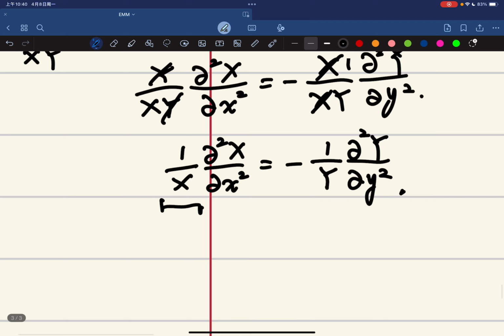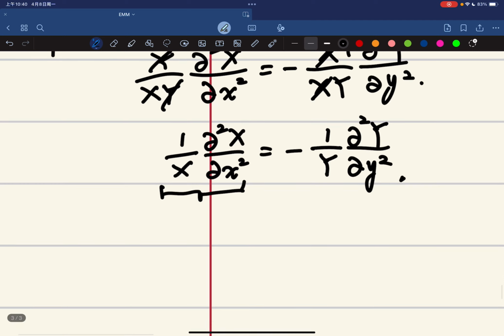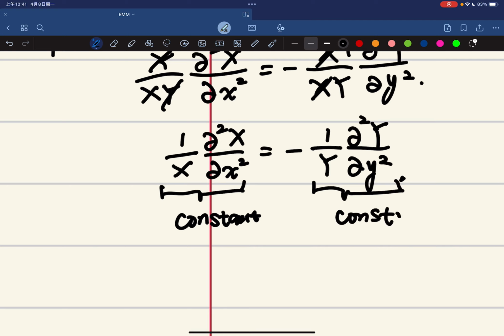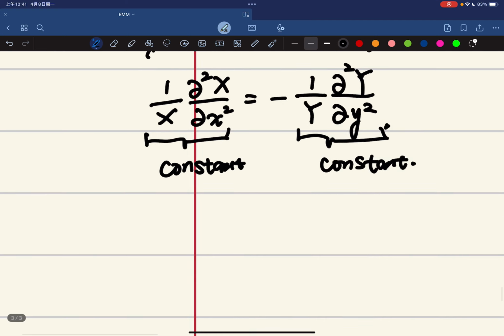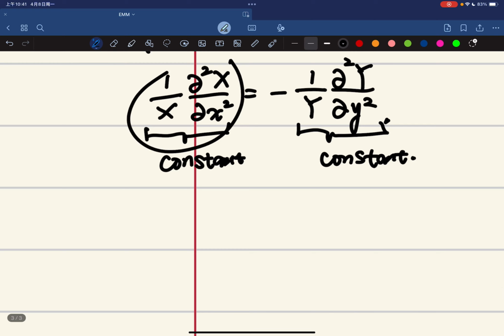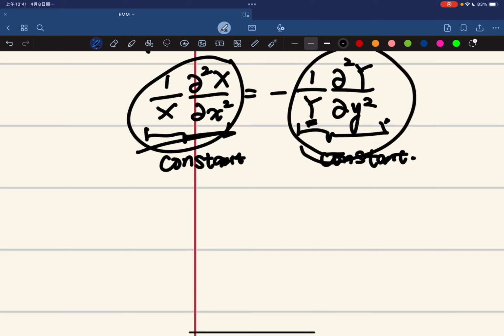So I know that they must equal some constant, because they have different variables. If we are looking at x here, we can treat y as some constant. If we look at y here, we can treat x as some constant, because they are different variables.